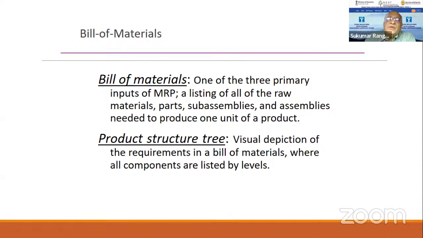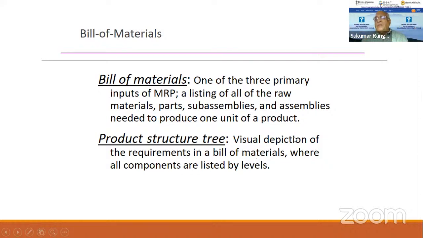Bill of materials, which we saw earlier, one of the 3 primary inputs for the MRP, a listing of all the raw materials, parts, sub-assemblies, and assemblies needed to produce one unit. Product structure tree. Of course, this is a visual depiction of the requirements of a bill of material where all components are listed.